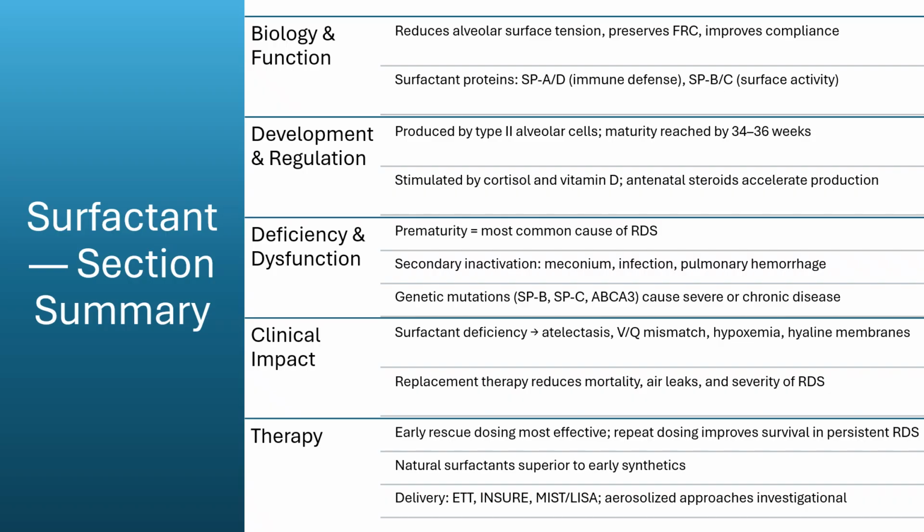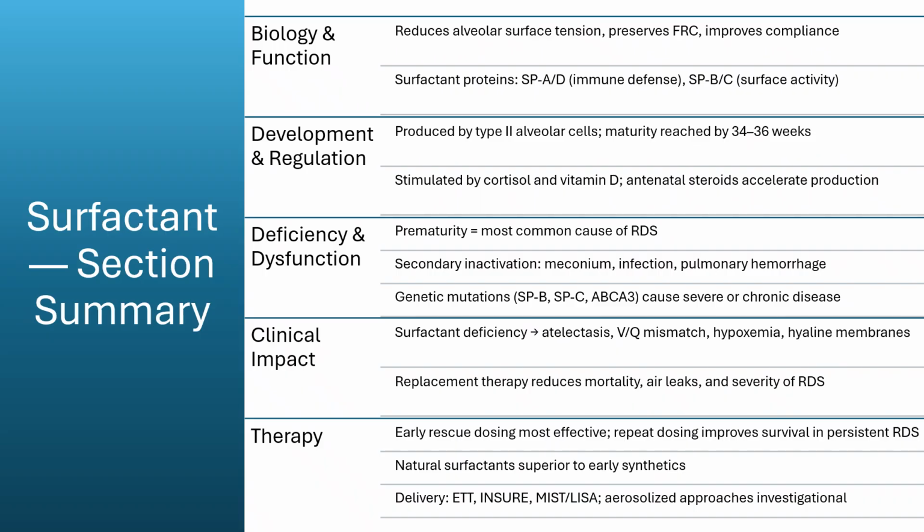Cortisol and vitamin D stimulate synthesis, while antenatal steroids accelerate readiness. Deficiency is most often due to prematurity, but can also occur from secondary inactivation by meconium, infection, or pulmonary hemorrhage. Genetic mutations in SPB, SPC, or ABCA3 cause severe or chronic disease unresponsive to replacement.